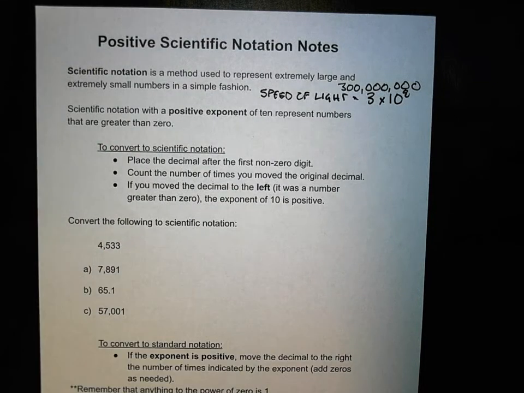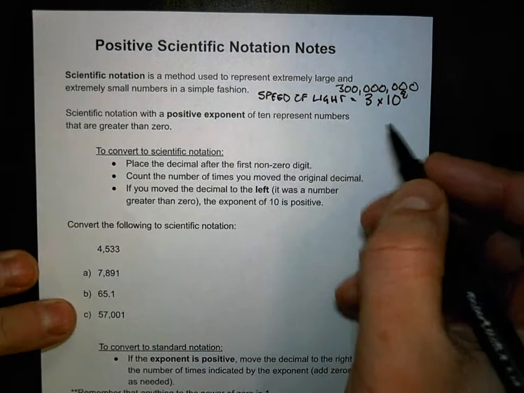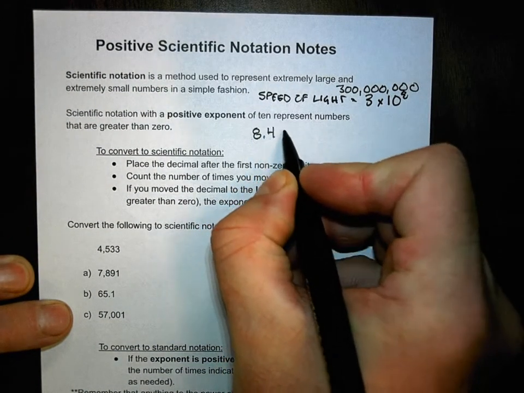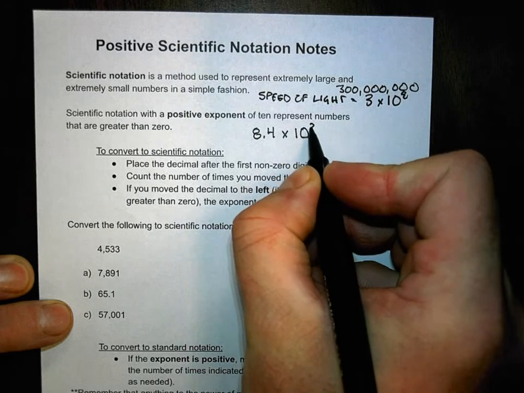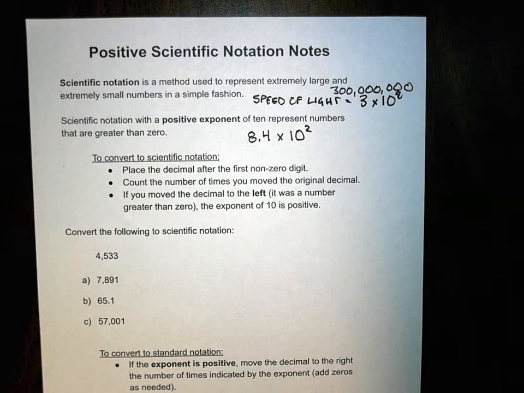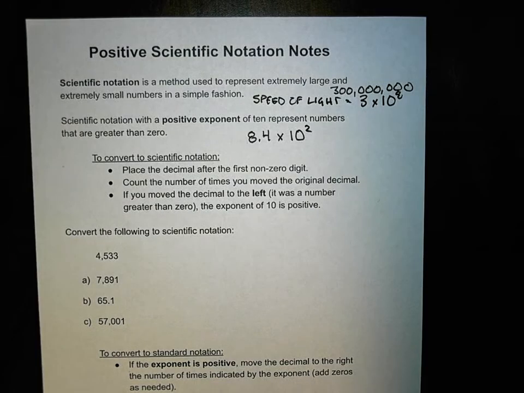So, scientific notation with a positive exponent. Tomorrow we're going to deal with negative exponents, but when I'm looking at a number like 8.4 times 10 to the second, that's a positive exponent. If it has a positive exponent, the number will be big, greater than 1.